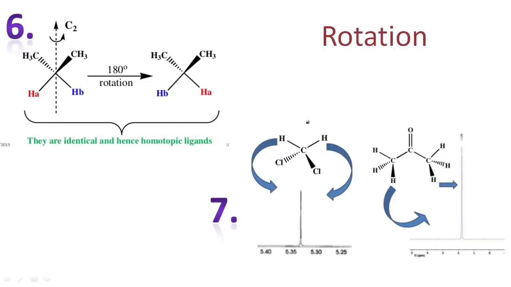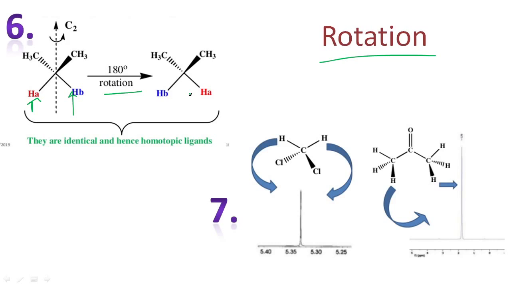Now the second criteria is rotation. What happens in rotation? We have a C2 axis. When you rotate the molecule by 180 degrees, the positions of the hydrogens interchange, HA, HB. When you rotate it by 180 degrees along the C2 axis, there is HB and HA. So basically the hydrogens remain the same, there is no change in the molecule.